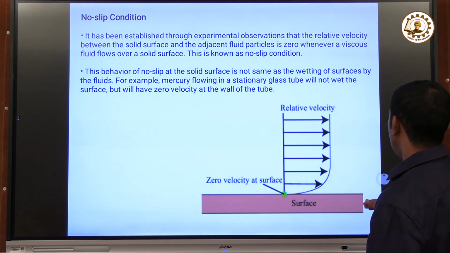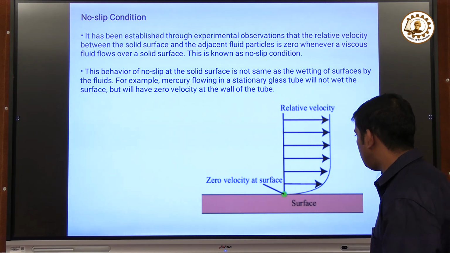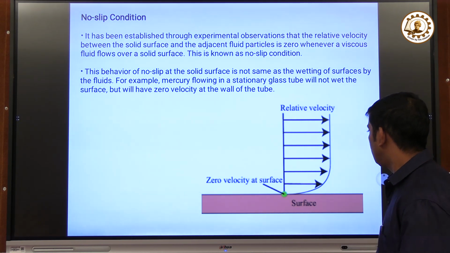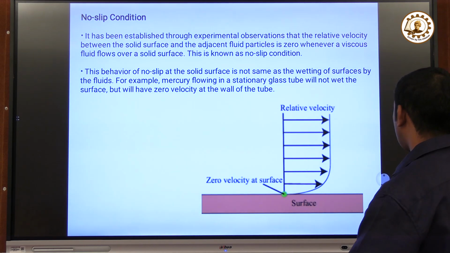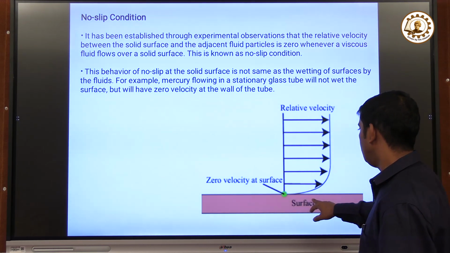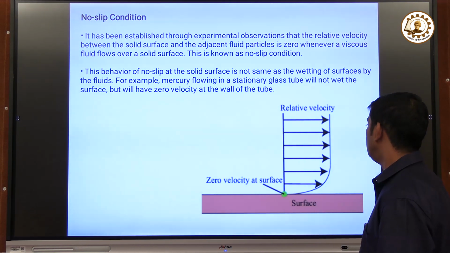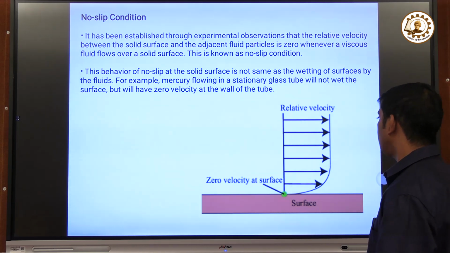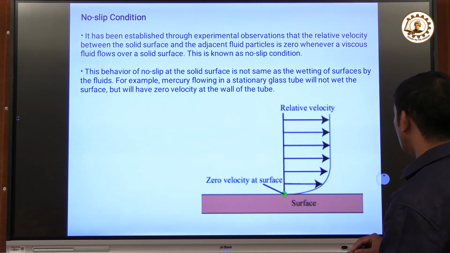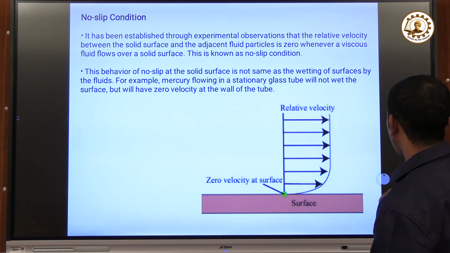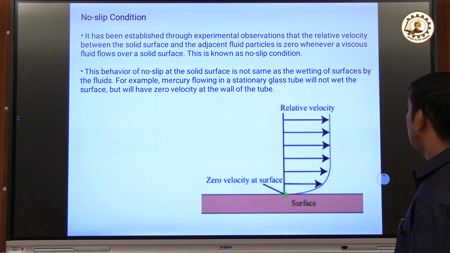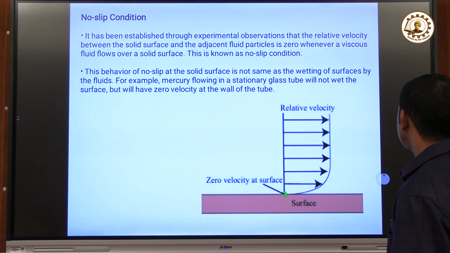In this way, when you come to the solid surface, the relative velocity of the fluid from the wall surface is zero, which is known as the no-slip condition. That means the relative velocity of the fluid particles is zero when it comes to the solid surface, denoted by the green colored dotted line.